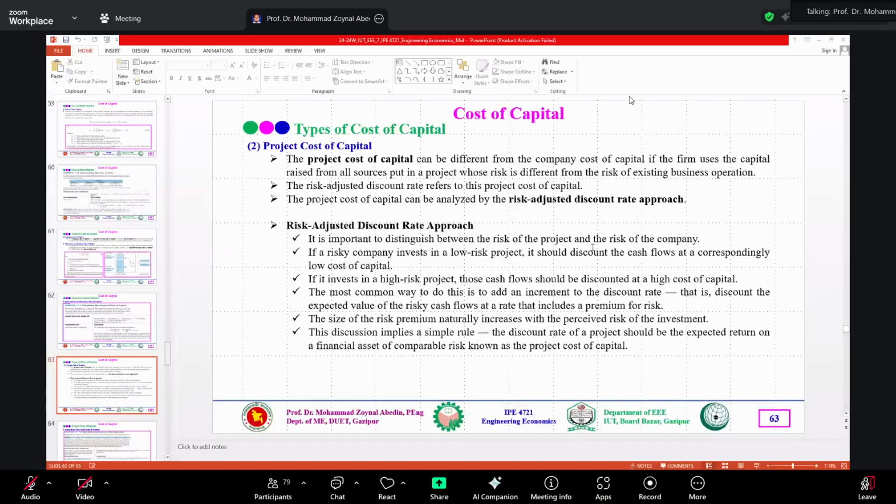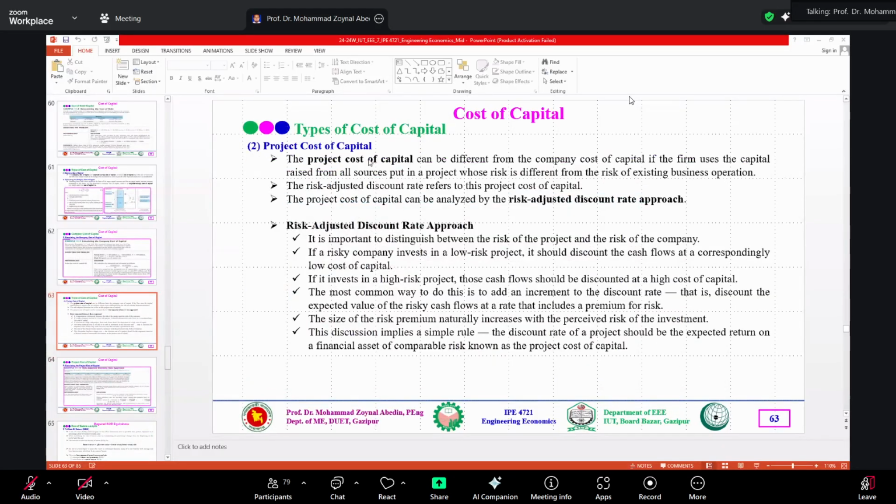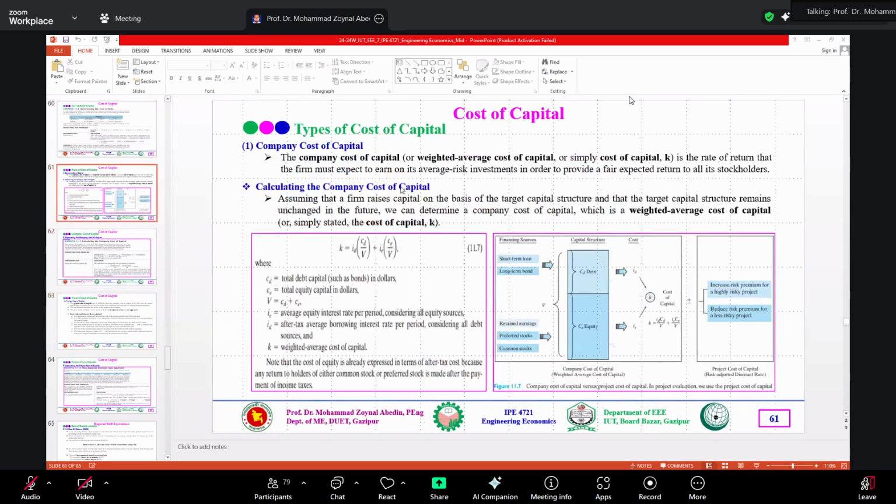Okay, now the project cost of capital. Previously, it was the company cost of capital.